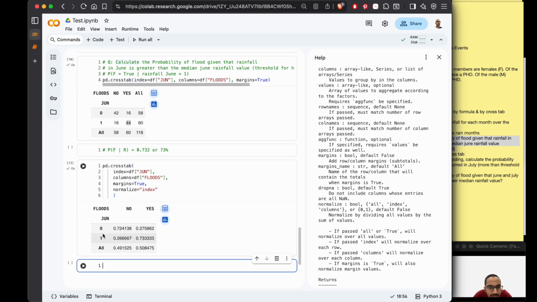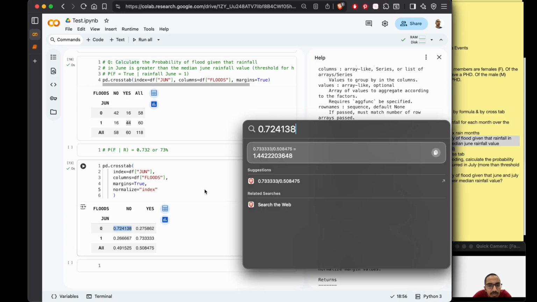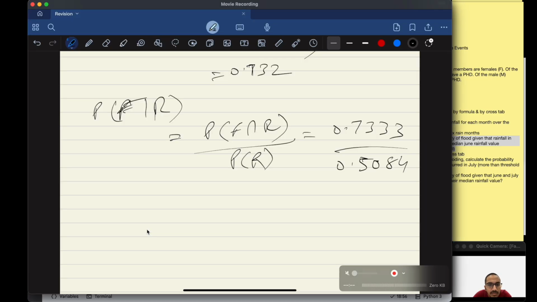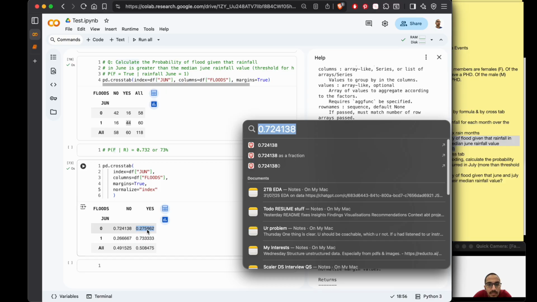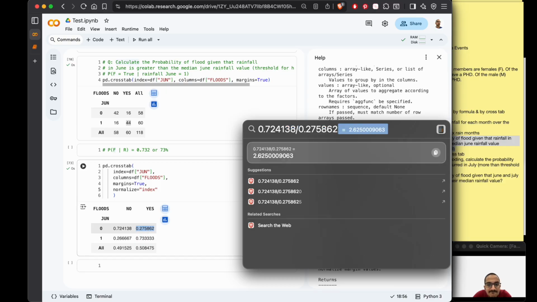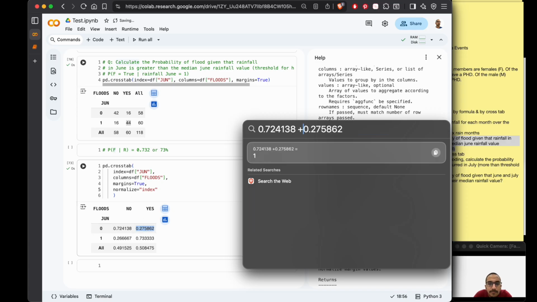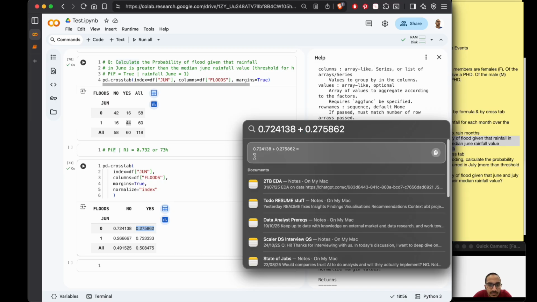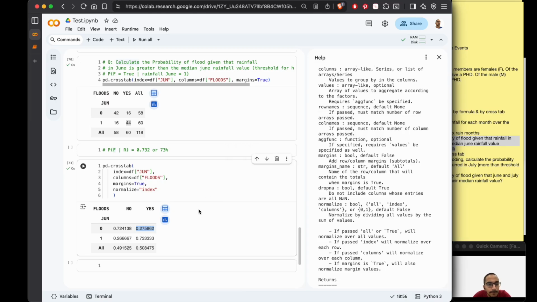So now if you see, the row values will total to 1. Yeah, so you see there is a 1. This is already directly giving us the conditional probabilities.